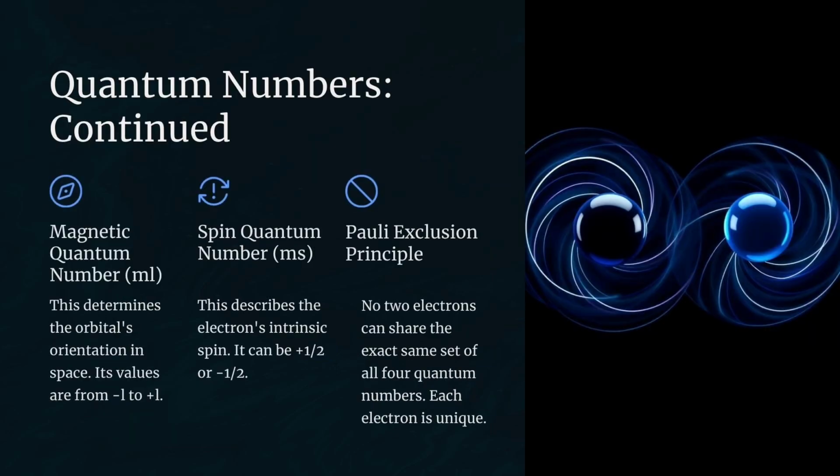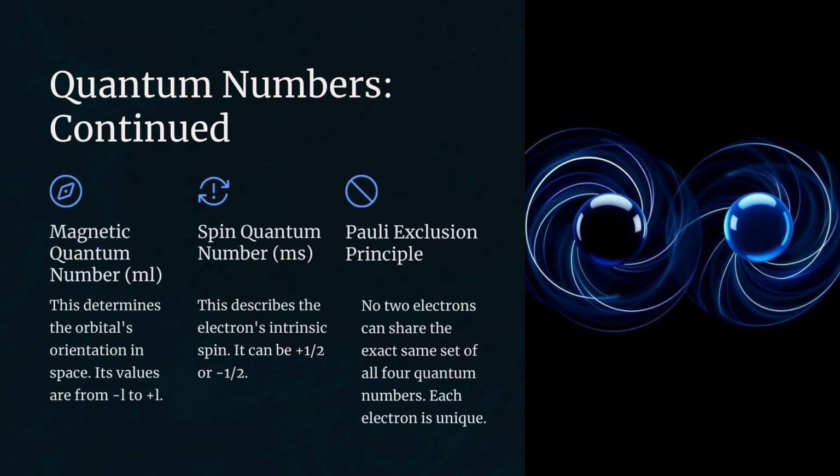Now, let's complete our discussion of quantum numbers. We've covered the principal quantum number and the angular momentum quantum number. Two more are needed to fully describe an electron's state. The magnetic quantum number, m_l, determines the orbital orientation in space.